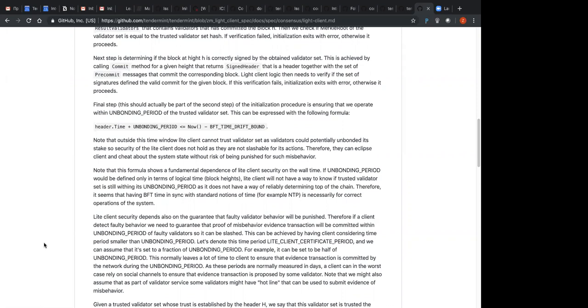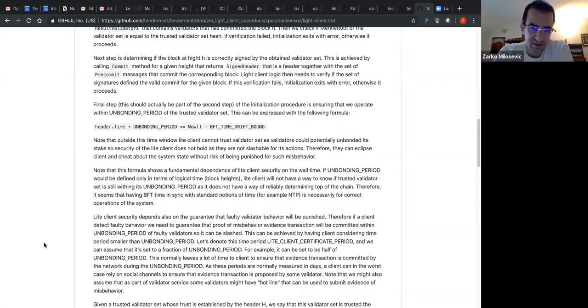But this part is something which goes beyond the light client itself, and I'm not really sure what would be the best way to do things there. I'm changing my mind every day, but I just needed to define some notion here so we can define what the light client requirements are. But how we would really satisfy this constraint on BFT time is a different question.